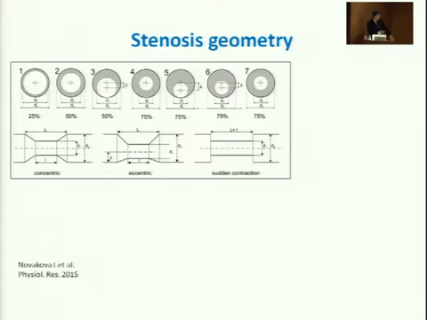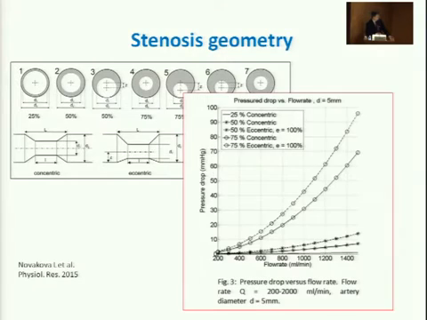Our colleagues made an experiment, and they compared the same degree of stenosis. It was 75% of area reduction, and they compared the coaxial stenosis with those which were asymmetric.